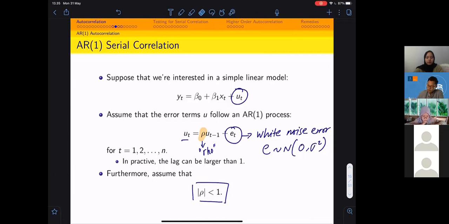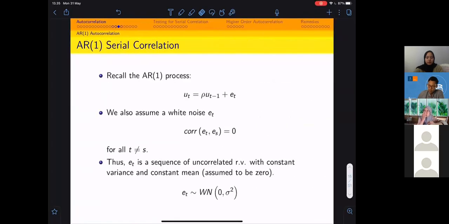Again, we discussed the white noise error. It has a very appealing assumption: it's normally distributed with mean of 0 and a constant variance. We also assume that there is no serial correlation between the white noise error at period t and the white noise error at period s.